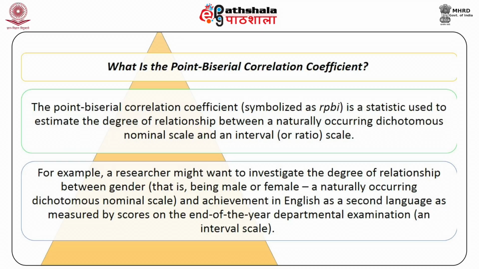For example, a researcher might want to investigate the degree of relationship between gender, that is being male or female, a naturally occurring dichotomous nominal scale, and achievement in English as a second language as measured by the score on the end of the year departmental exams, which of course would be in interval scale of measurement.